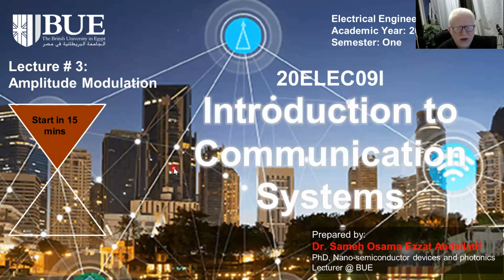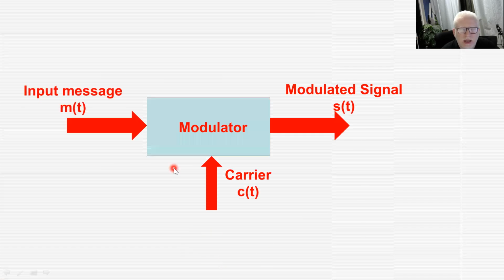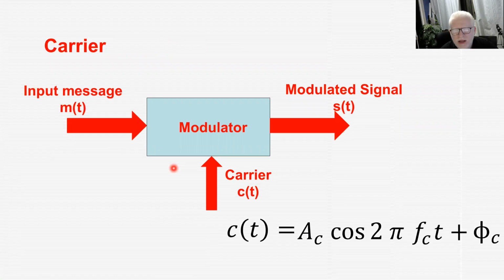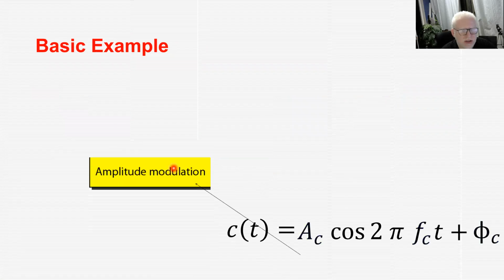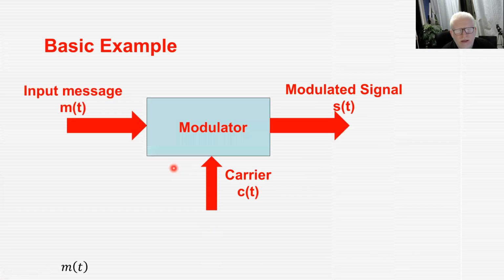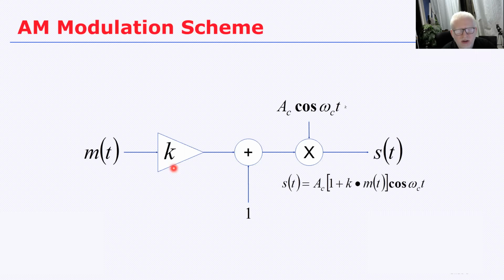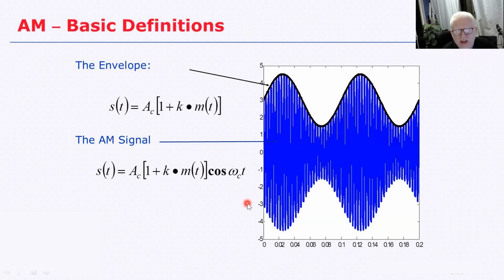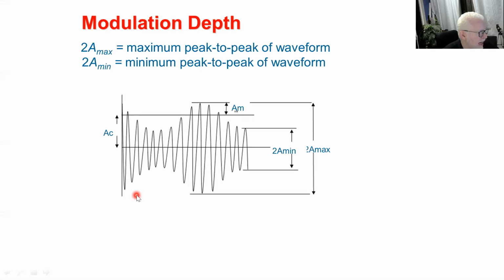Let's go quickly to the end of part number 1, where we have a general definition for the modulated signal S of t in terms of this block diagram, using a modulation index k and a DC offset. We reached the general expression for the modulated signal, and we also understood the modulation depths.